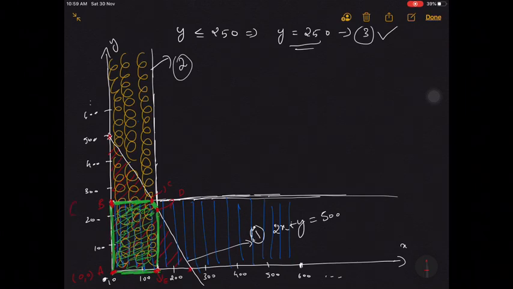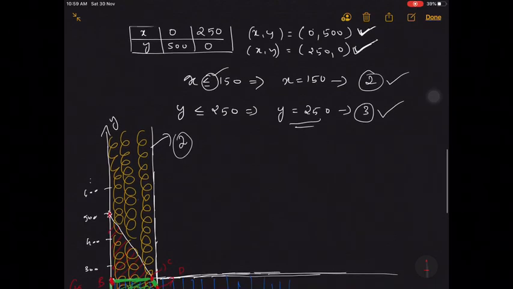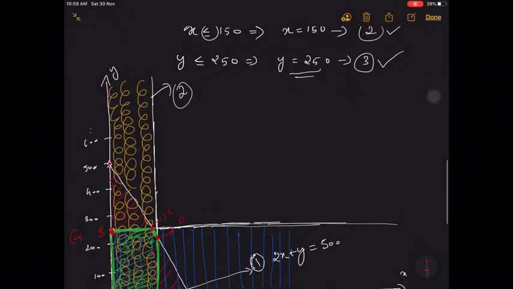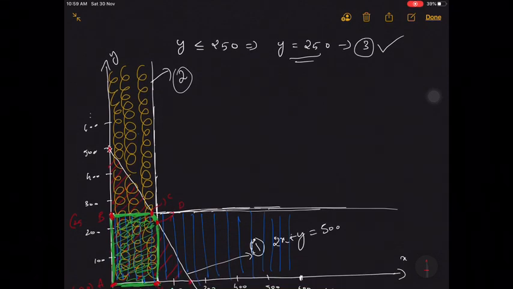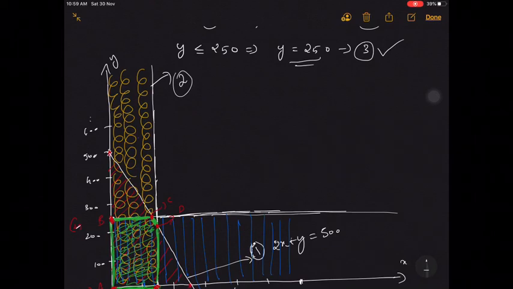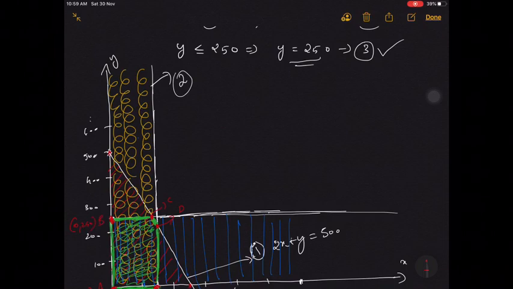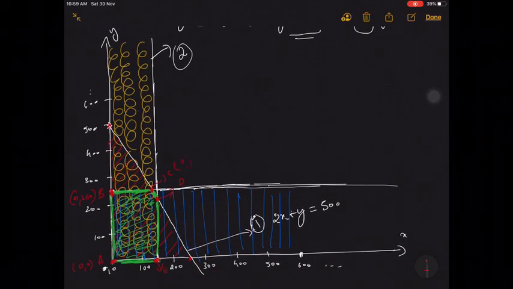B is 0 comma 250. So 0 comma 250 is point B. C we don't know, D also we don't know.